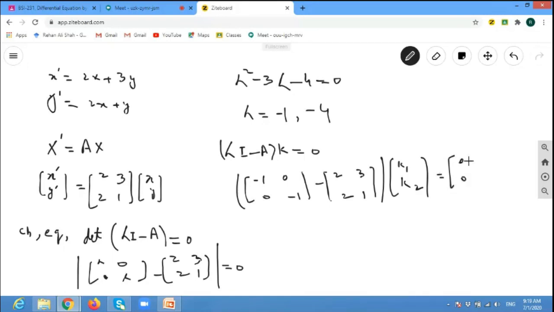That is 0, 0. So if you take minus 1 minus 2, this will become minus 3k1, and minus 3k2 equal to 0.